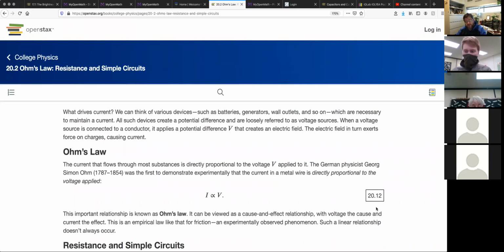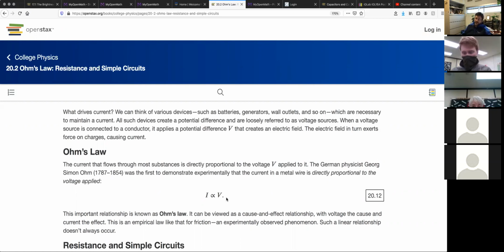We're going to go on to Ohm's law from our friend, the German physicist Georg Simon Ohm. So what Ohm figured out is that the current and the voltage are proportional in a particular situation. So let's say that we have a light bulb that we're driving current through.